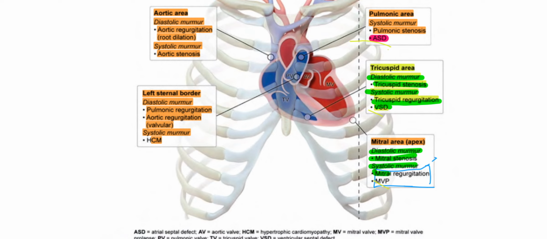Now, let me give you one important hint: the congenital diseases which we have, like ASD, that is in the second intercostal space, then VSD, which is in the fifth intercostal space in the tricuspid area, then mitral valve prolapse, remember this, which is also in the fifth intercostal space, but in the midclavicular region, right? They all are producing systolic murmur, right? Keep this in mind. Okay.